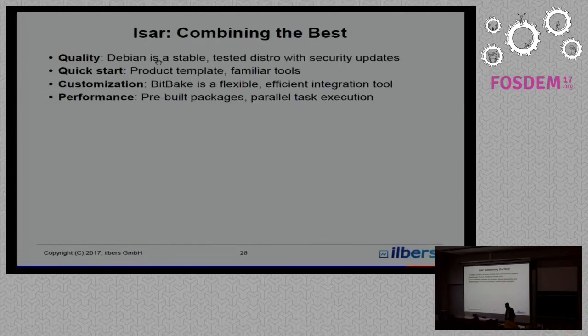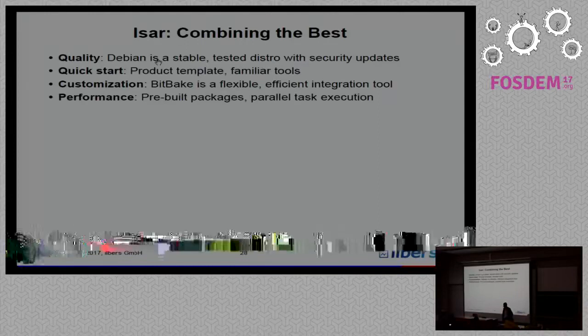Okay, so to summarize, we tried to combine the best options that we see. Debian provides a stable, tested distribution with security updates. Yocto provides BitBake, which is very flexible and efficient.